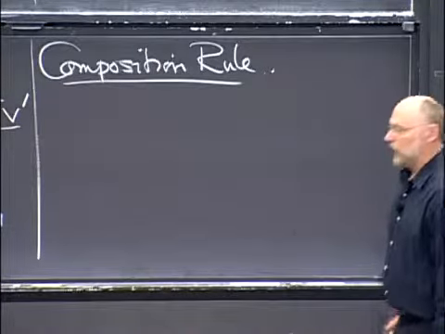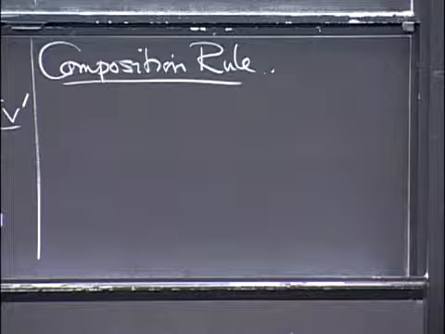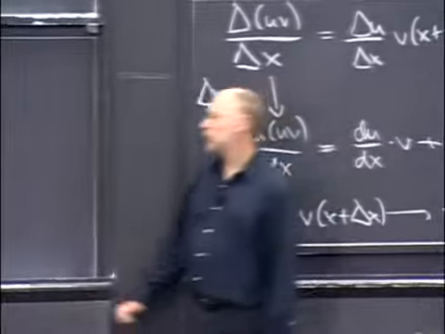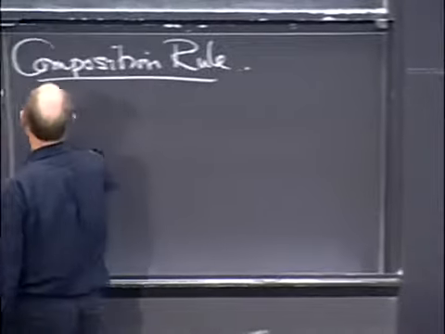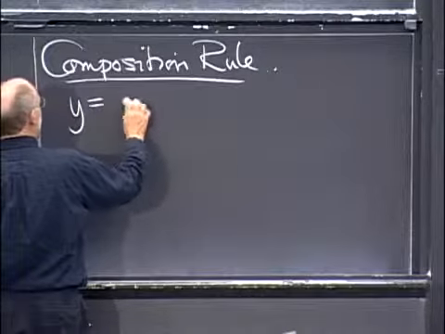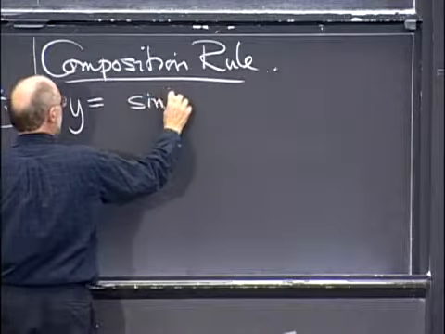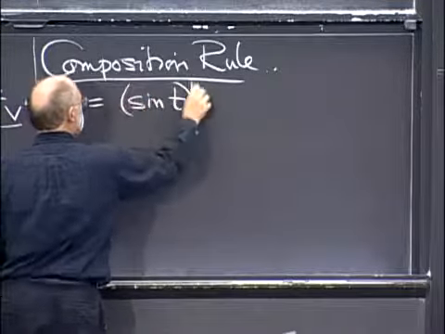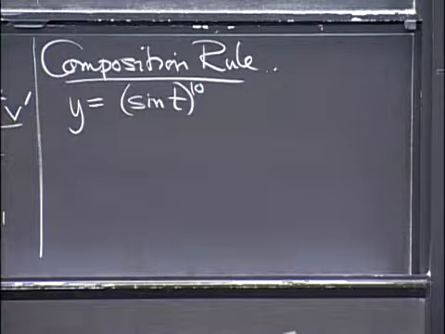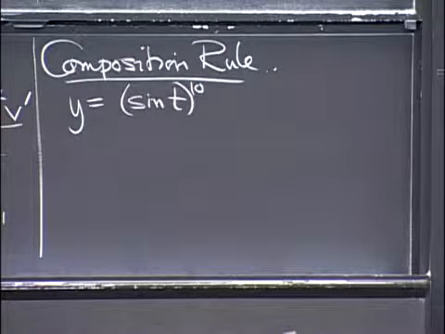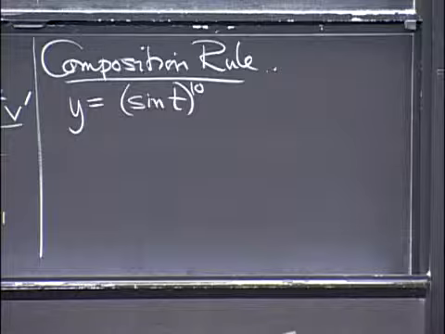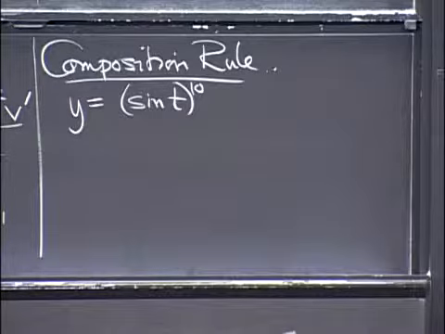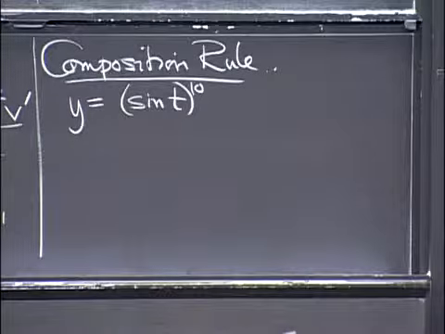The kind of thing that I have in mind, composition of functions is about substitution. So the kind of function that I have in mind is, for instance, y is the sine of t raised to the 10th power. That's a new one. Haven't seen how to differentiate that before, I think.